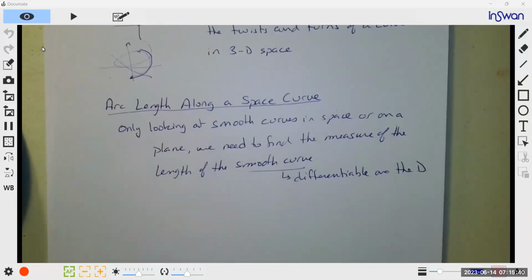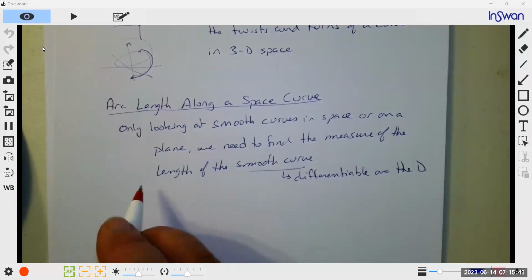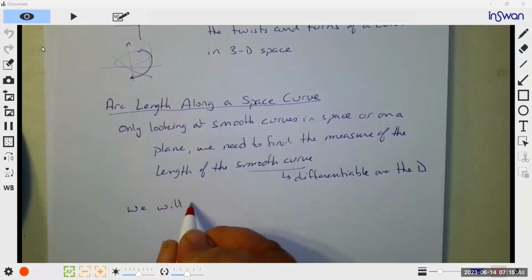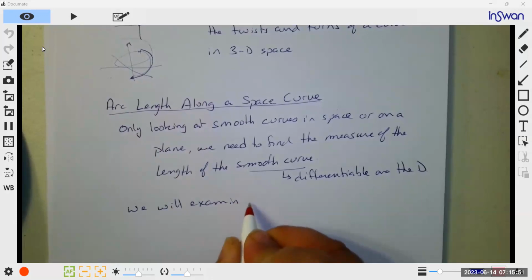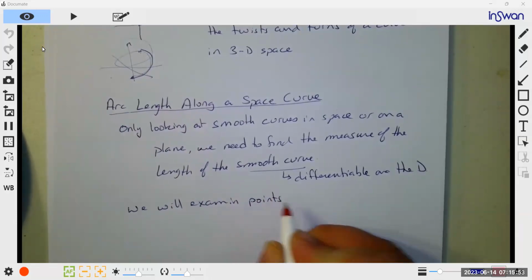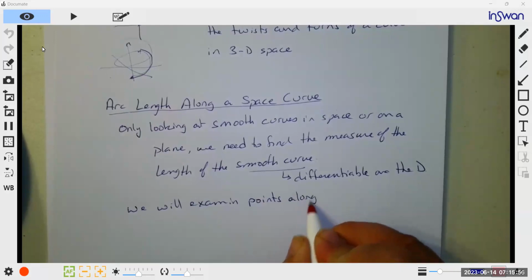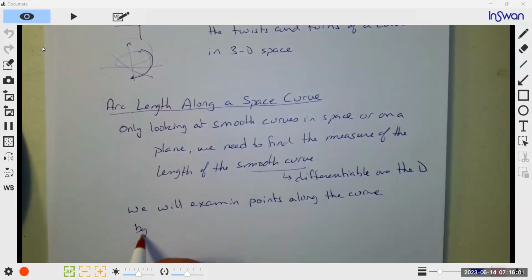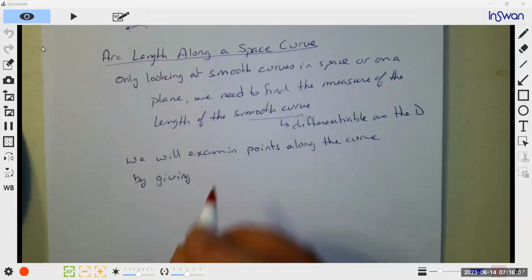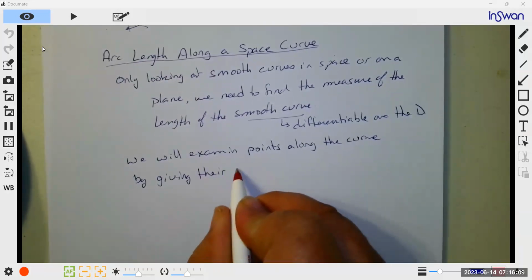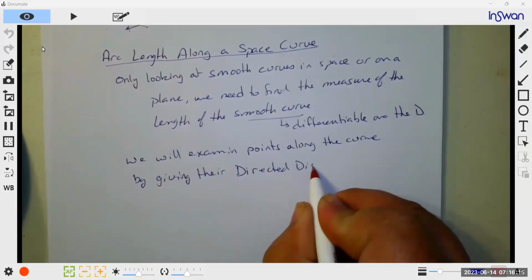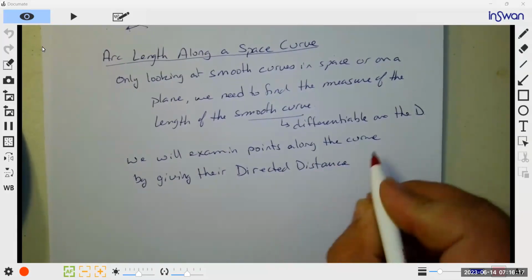What we're going to do here is examine points along the curve by giving their what we call directed distance.